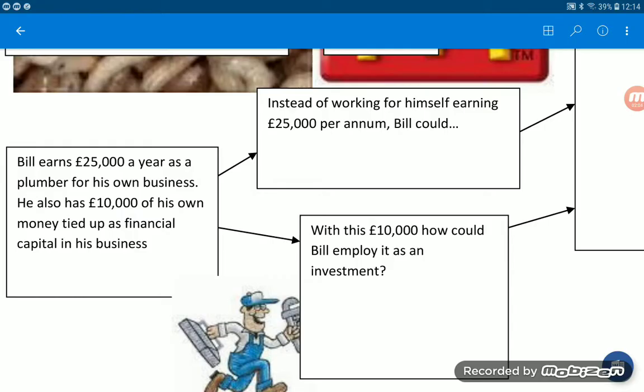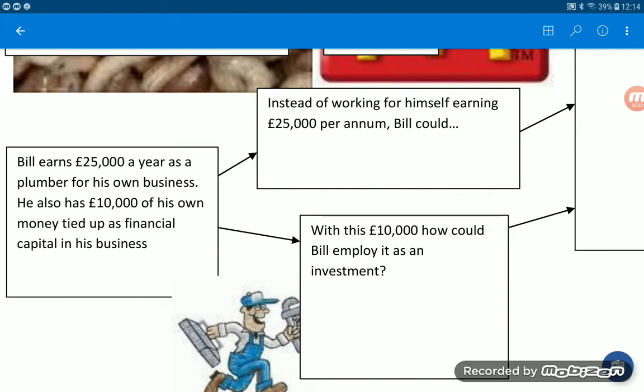Okay, so here's an example. Bill earns £25,000 a year as a plumber for his own business. He also has £10,000 of his own money tied up as financial capital in the business. So obviously there's an opportunity cost in terms of his labour.